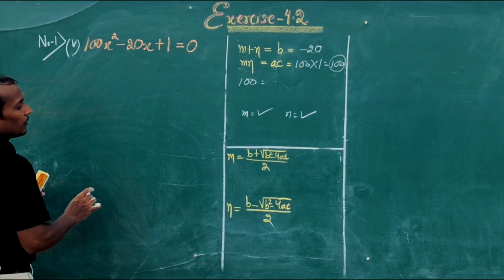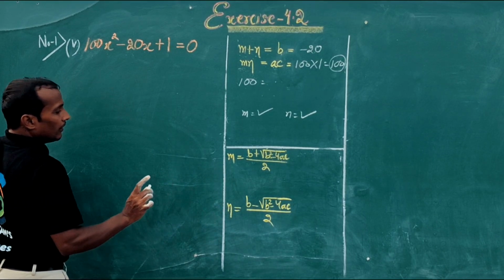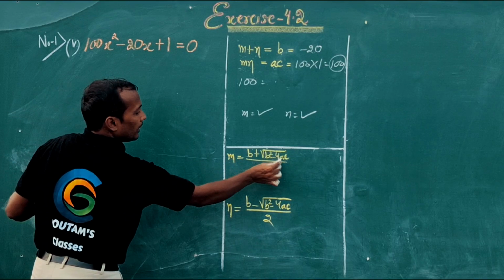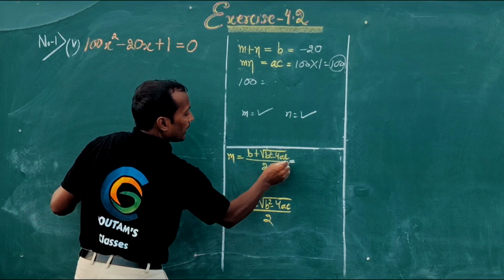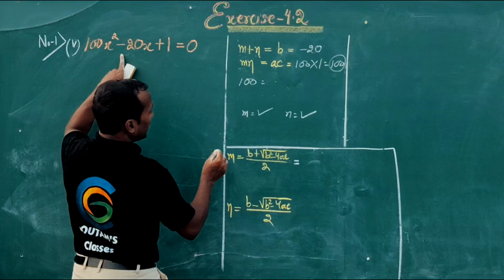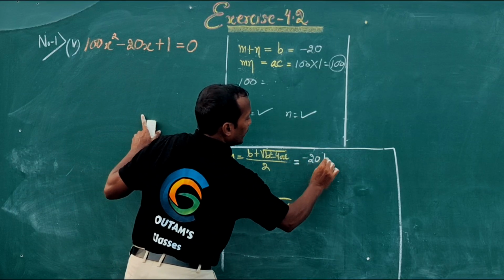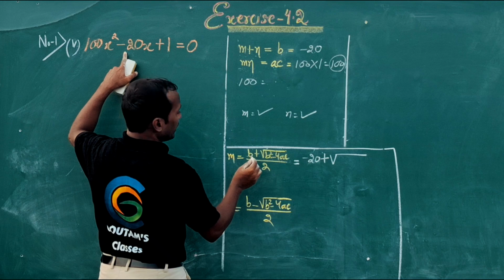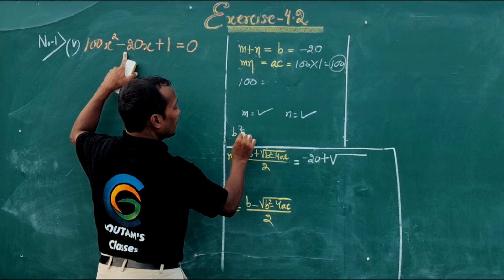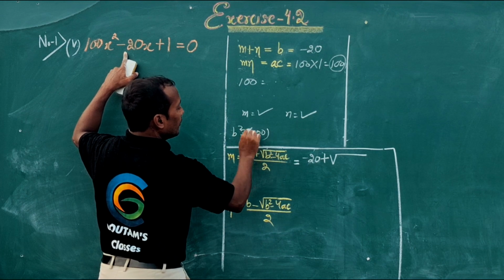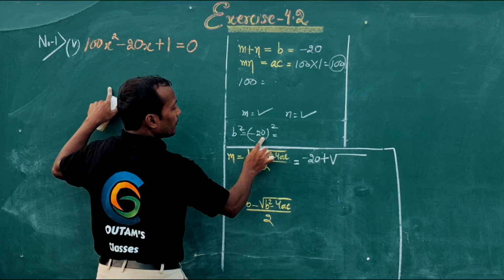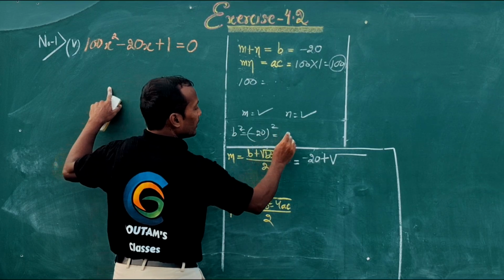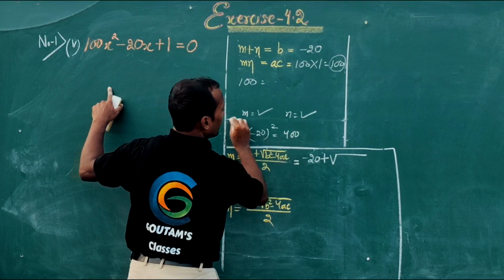So let me try to find out m and n by taking the help of b, a and c. So again, what is b? Minus 20 plus root of b square minus 4ac. b is minus 20, so b square means minus 20 square, which is 400.